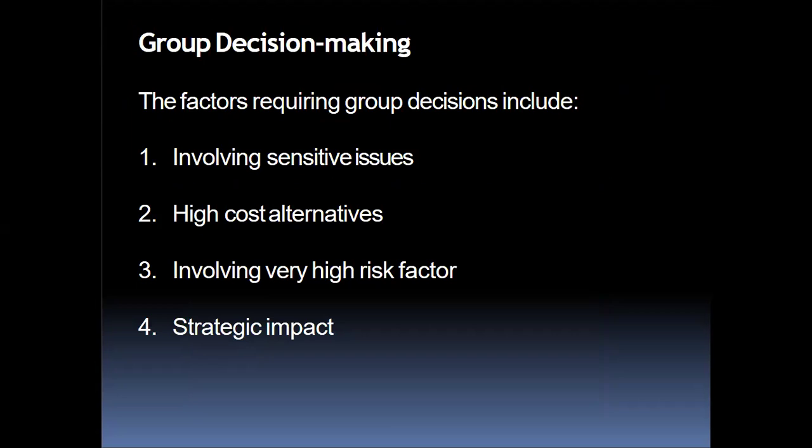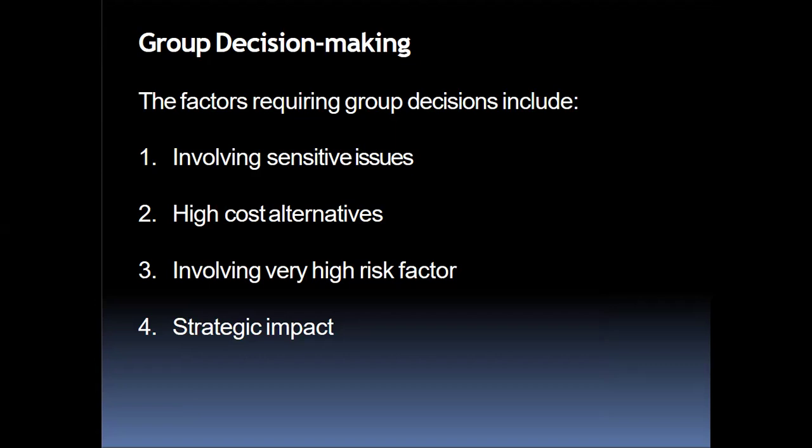Group decision making has the following main factors: involving sensitive issues, high cost alternatives, and involving very high risk factors and strategic impact. So these are the main things to be considered under group decision making skills. While deciding on any alternative to be chosen, very sensitively and carefully you have to discuss those issues in selecting the alternative.